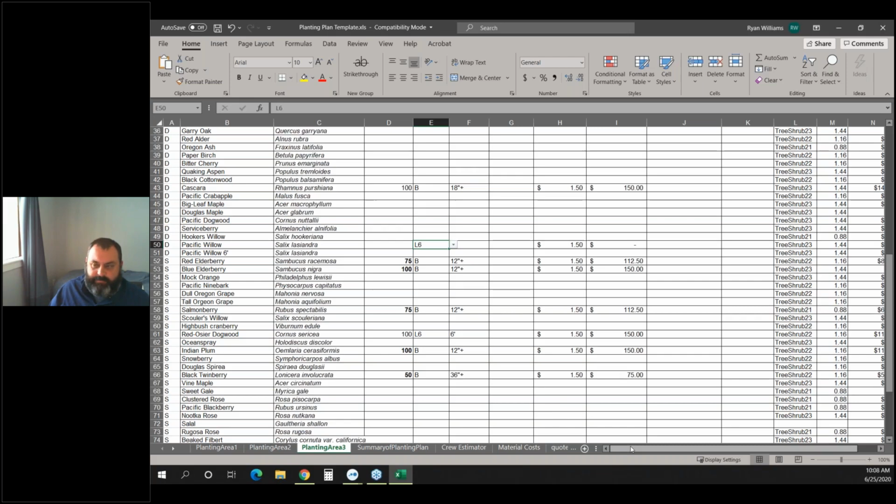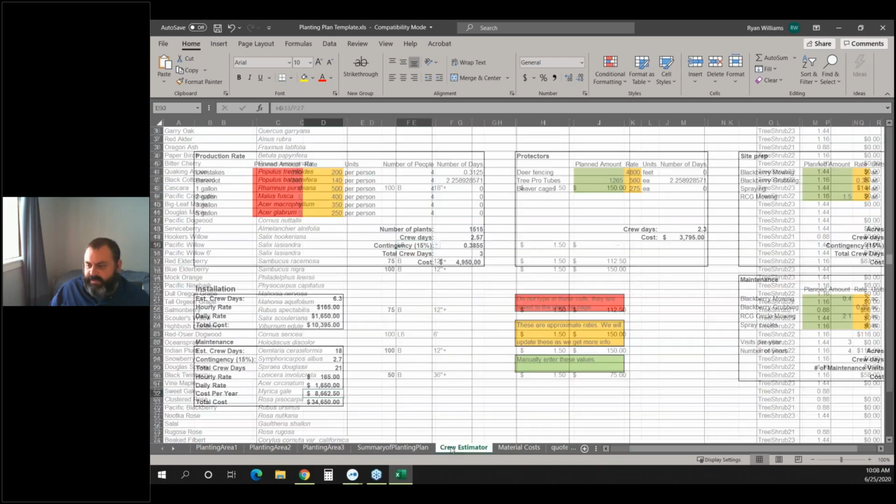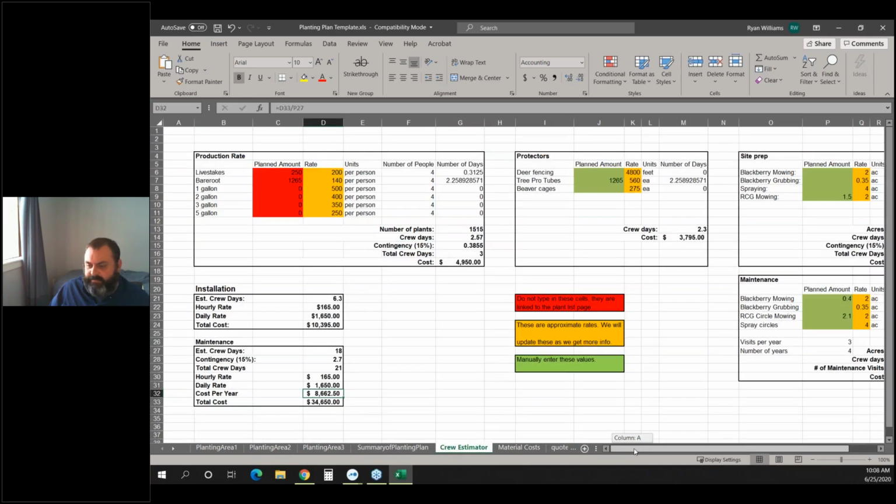And then when I do CREP planning, I also have that tool, where these rates are all set in stone, and so this component kind of goes away and it becomes what those rates are. The other stuff depends on what crews you have in the area. In my case, we have an internal crew.